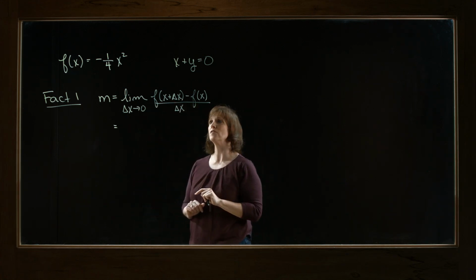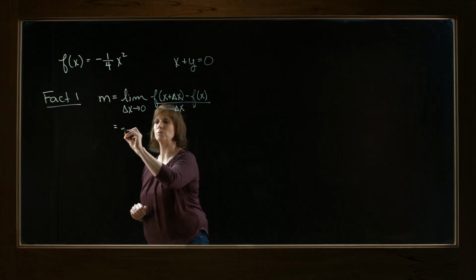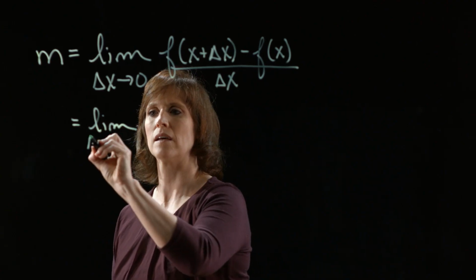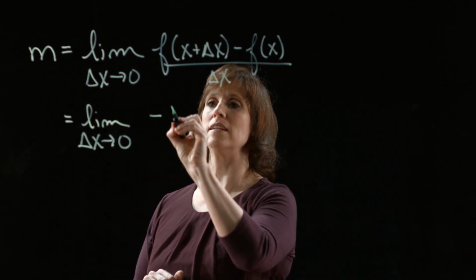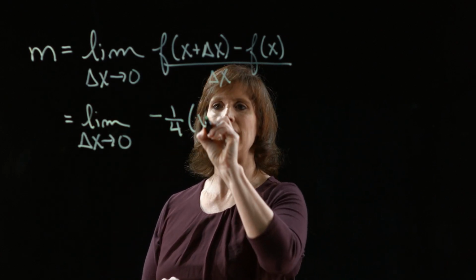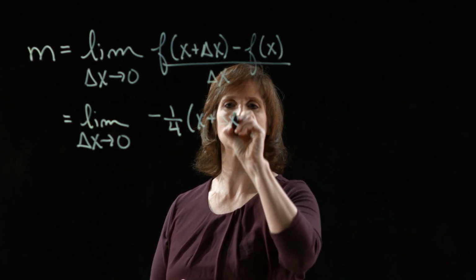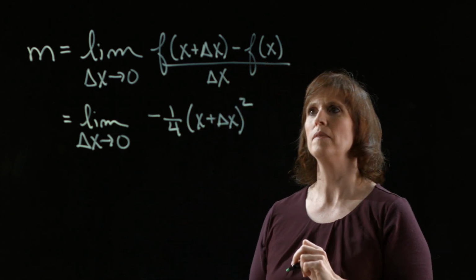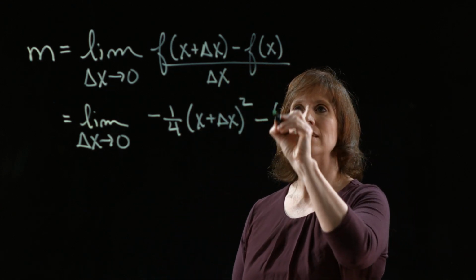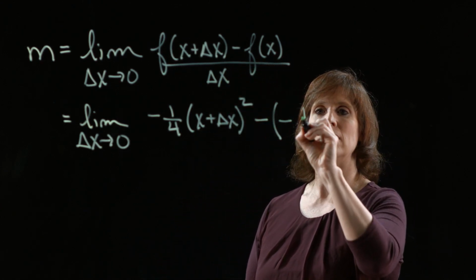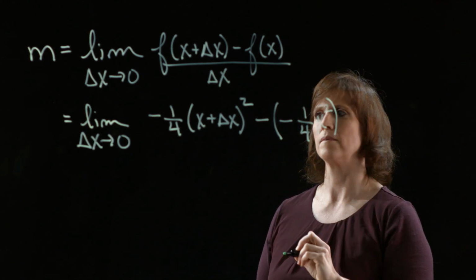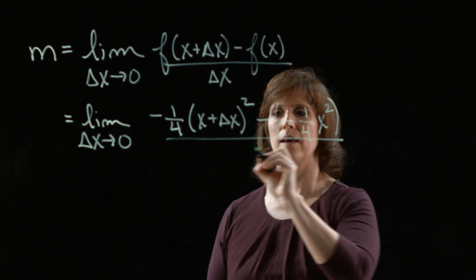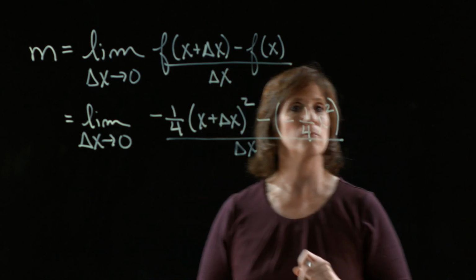I'll start with the function evaluation of f of x plus delta x, which in this case is going to be -1/4 times that input, x plus delta x squared. Next, I'll subtract f of x, which means I'm subtracting -1/4 x squared, and divide the whole thing by delta x.